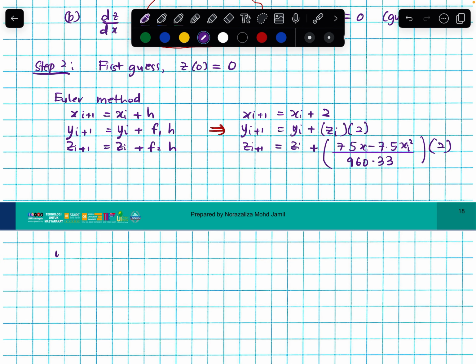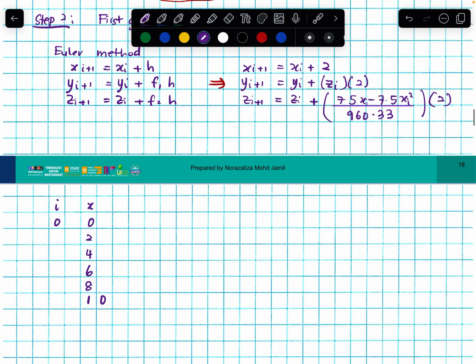Start from i, and then we have x. The first value of x is 0, with increments of step size 2, so you have 2, 4, and so on. When do we stop? When it reaches 10. So your i consists of 5 iterations.